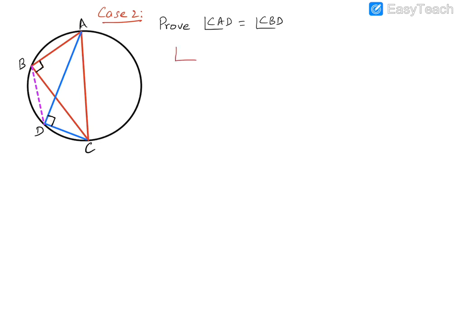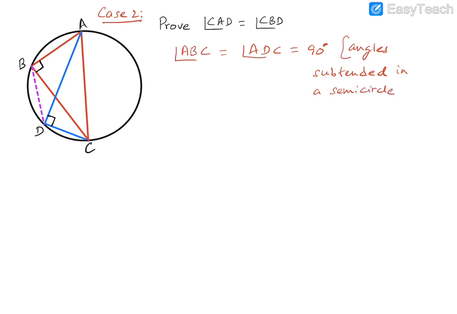So angle ABC equals angle ADC equals 90 degrees because these are angles subtended in a semicircle.